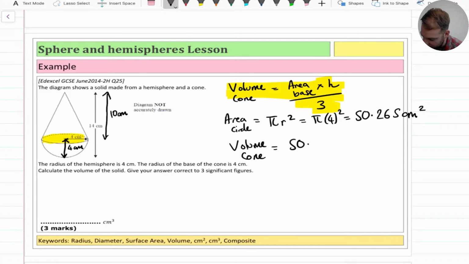So times by 10 divided by 3. So the volume of the cone is equal to 167.6 centimeters cubed, because it's the volume.